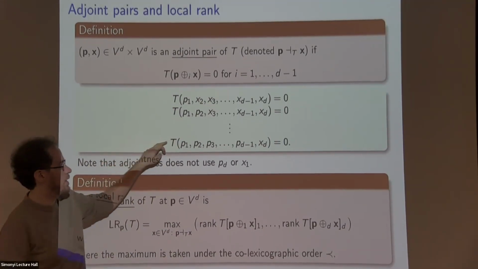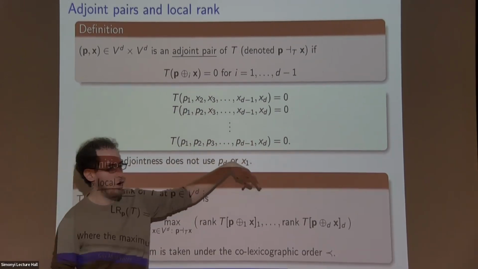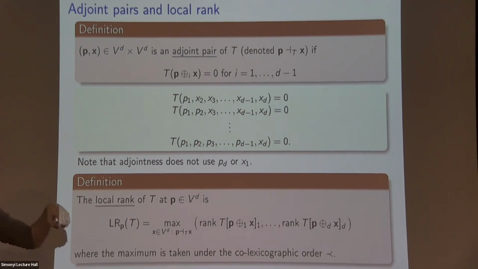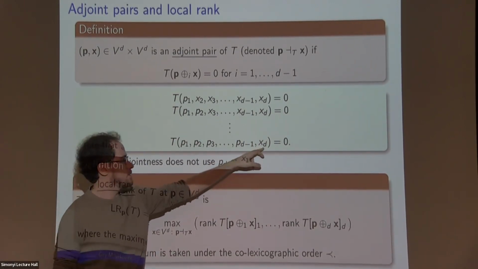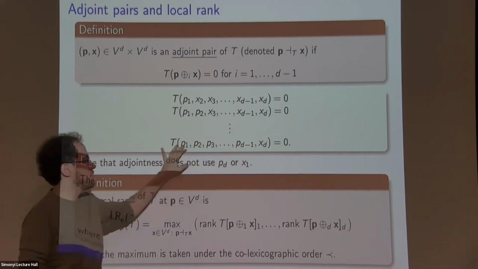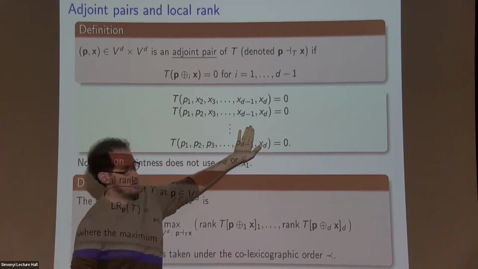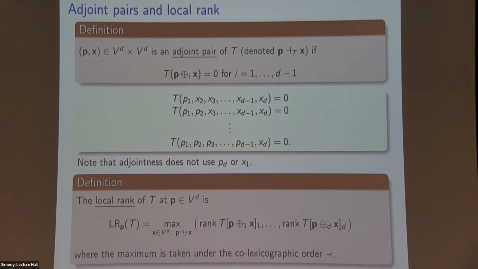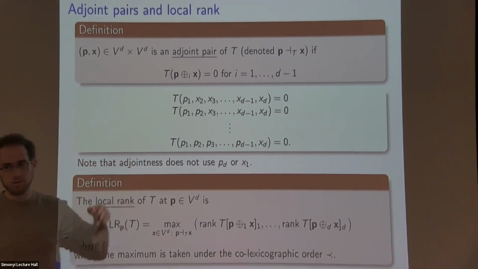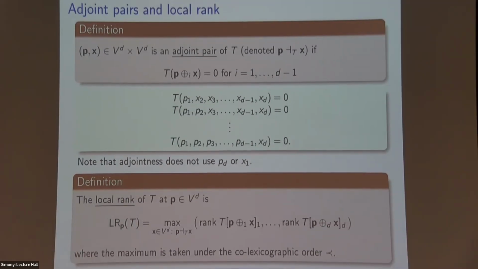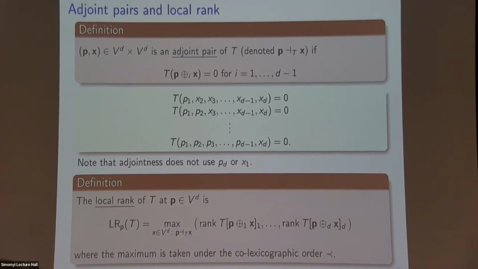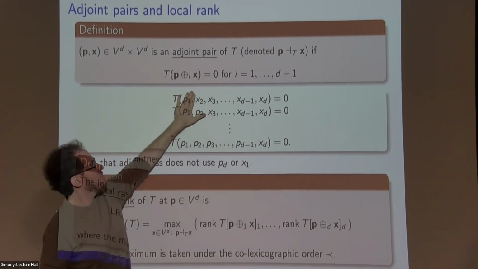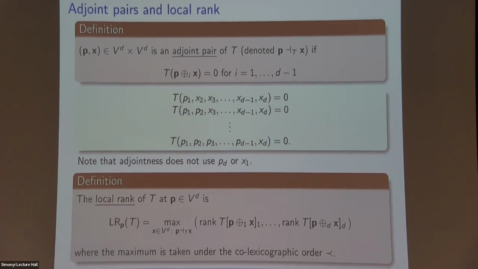So for example, you plug in this point. In a sense, you peel off the last component, the P sub d, and you plug in some X, the d component of X, and then you forget about the d minus 1 component. So you get another matrix and the rank of that, and you keep doing this. You gradually peel off a component of P until you're left with one component of P, but then you forget about that component. So you get something that doesn't depend at all on P.